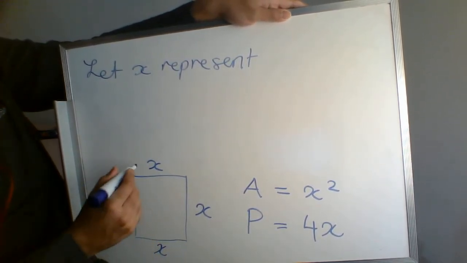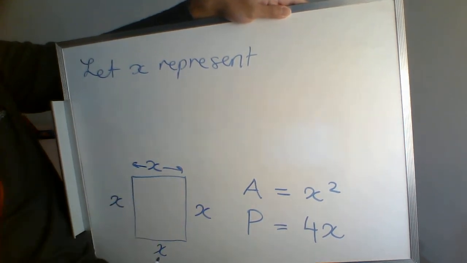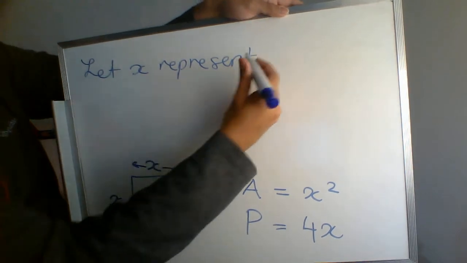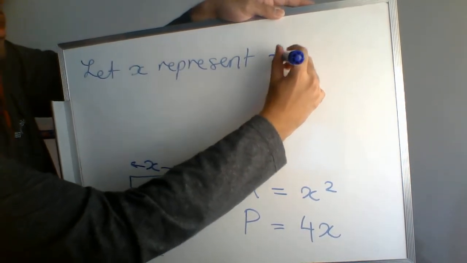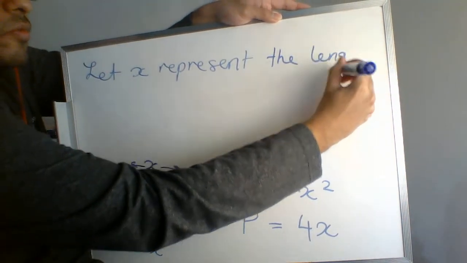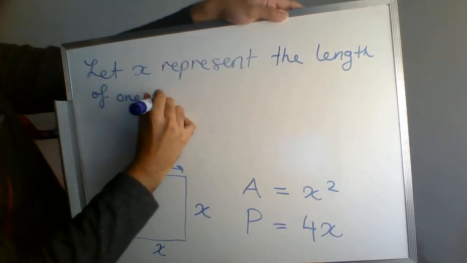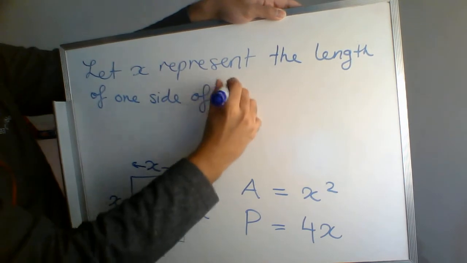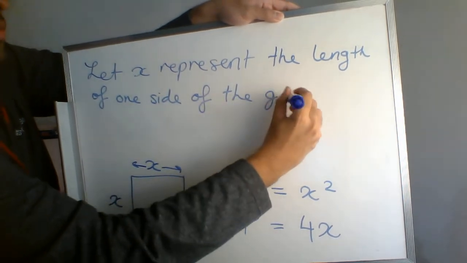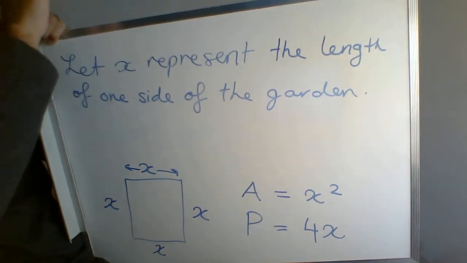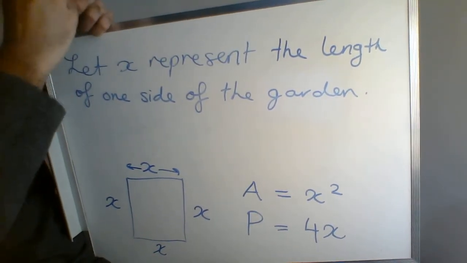Let x be, well, this distance right here is x, and that's basically just the side length of the square. So I'll just say let x represent the length of one side of the garden. Cool? Cool. Let x represent the length of one side of the garden.